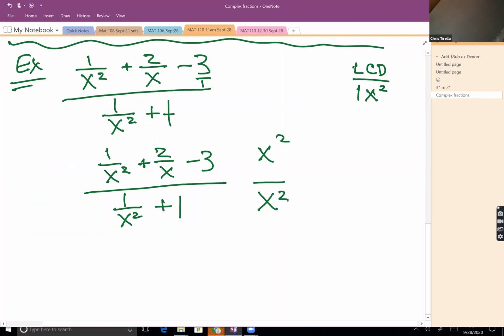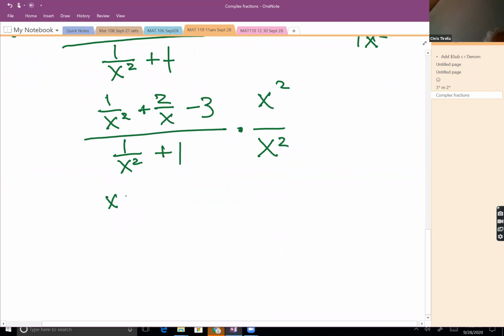In order to do that multiplication, I have to distribute. Distributing, I'd have x squared times 1 over x squared, and that plain old x squared, I can think of it as 1 over 1. Plus, I'll have x squared over 1 times 2 over x. Minus, I'll have 3 times x squared.